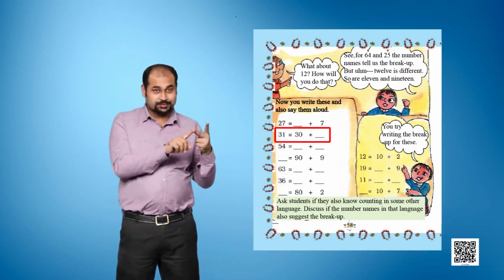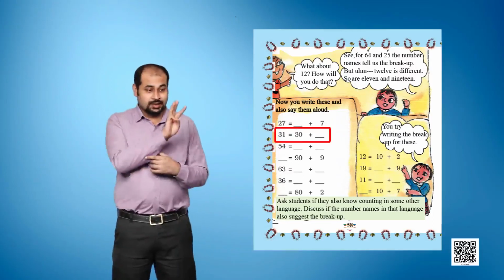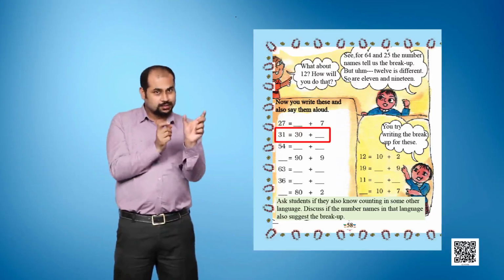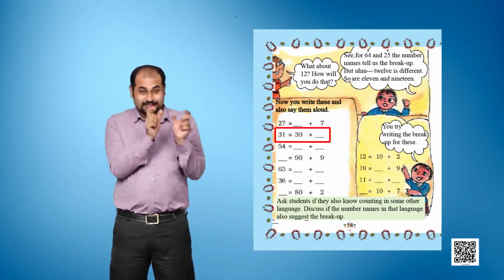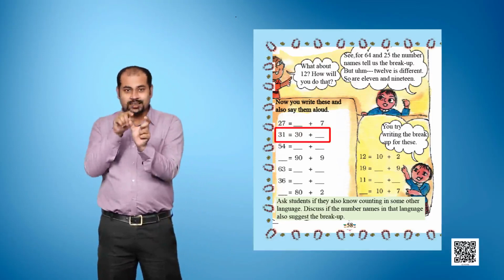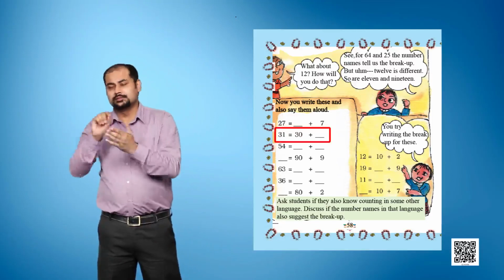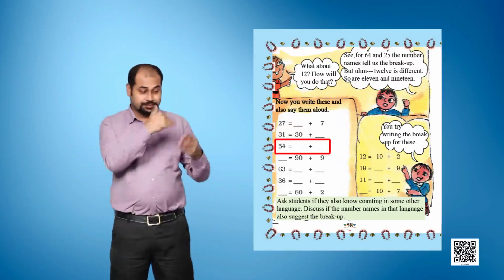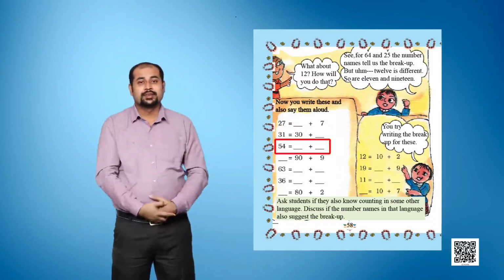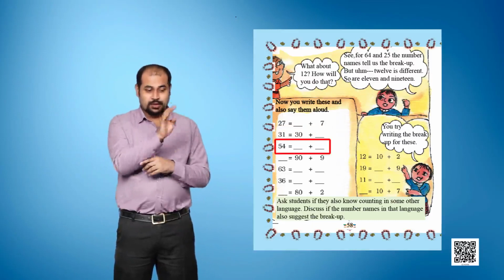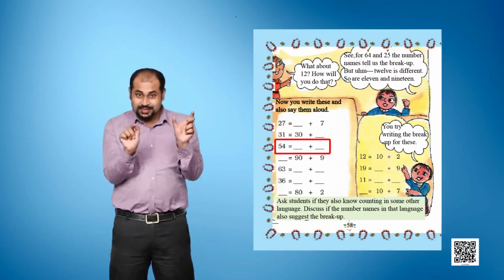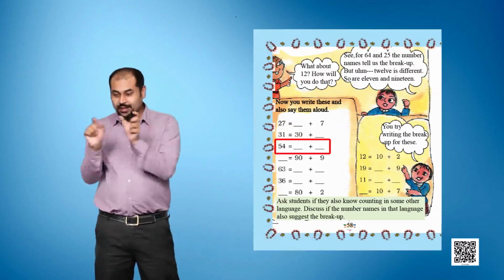Question 2. 31 is equal to 30 plus dash. Question 3. 54 is equal to dash plus dash.